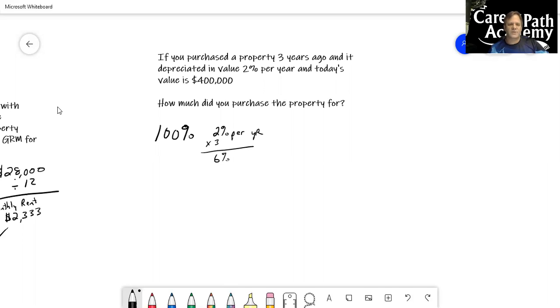So we're going to put 6% here. Depreciation is a loss of value, so we're subtracting from 100%. If I said it appreciated, we would be adding to 100%. So this leaves us 0.94, right? Yes. So we know today's value is $400,000.